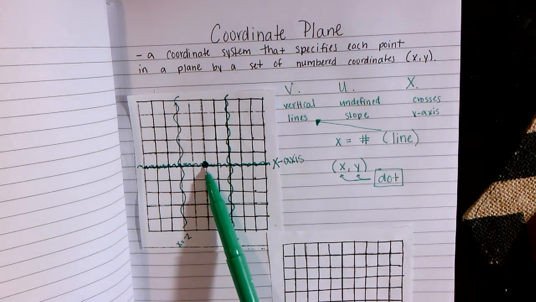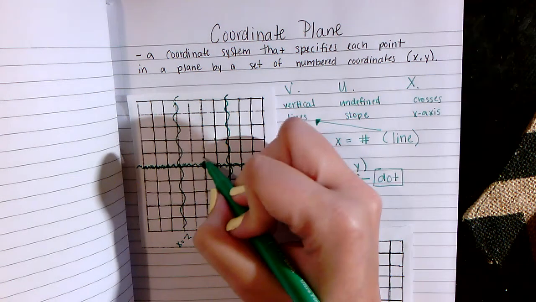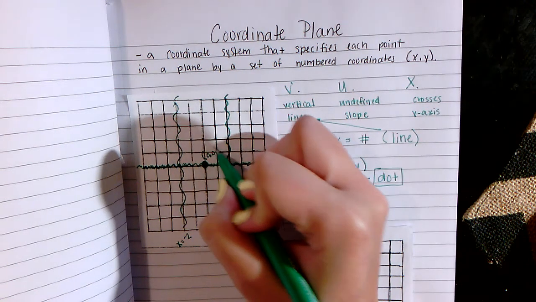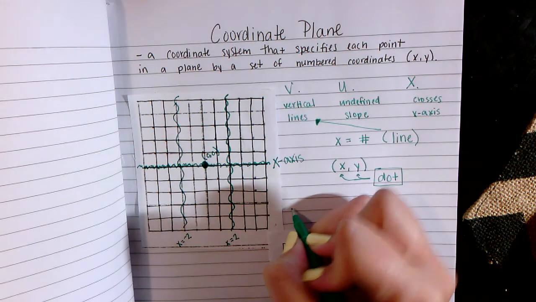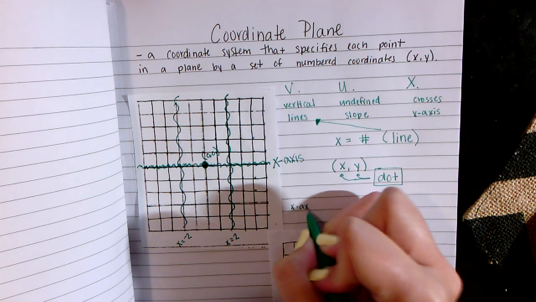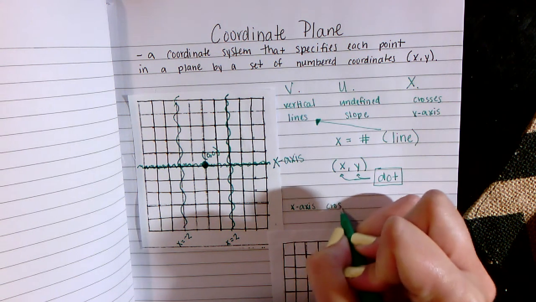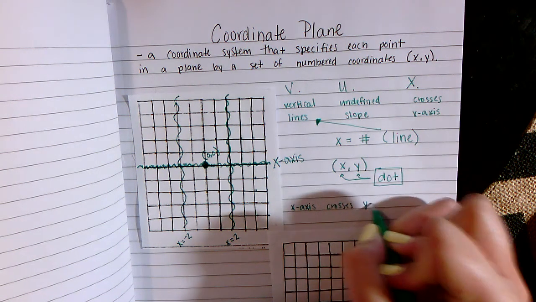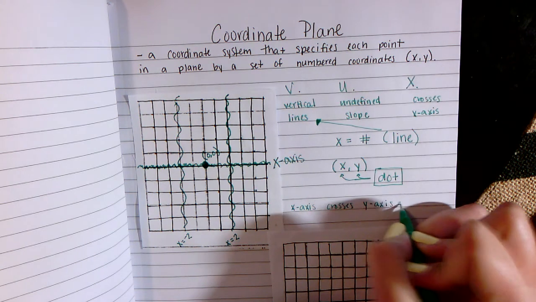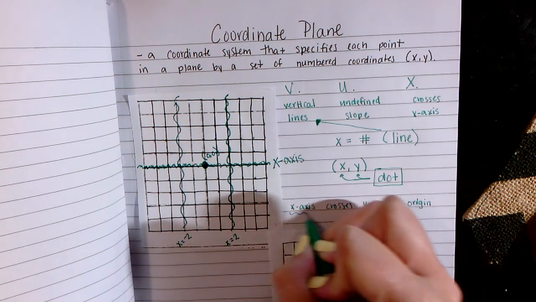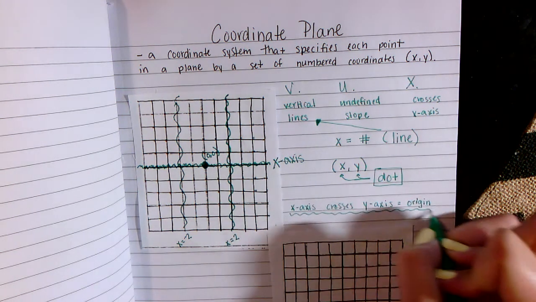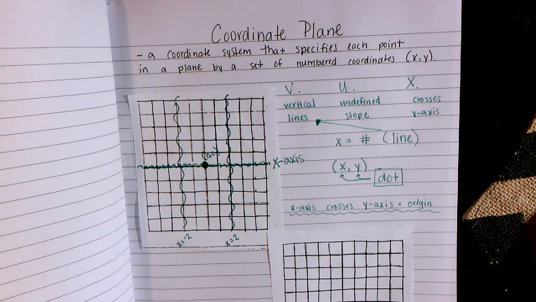So this point right here is known as 0, 0. Okay, that's called the origin. Where the x-axis crosses the y-axis is the origin. Okay, that's the dead center of your graph.